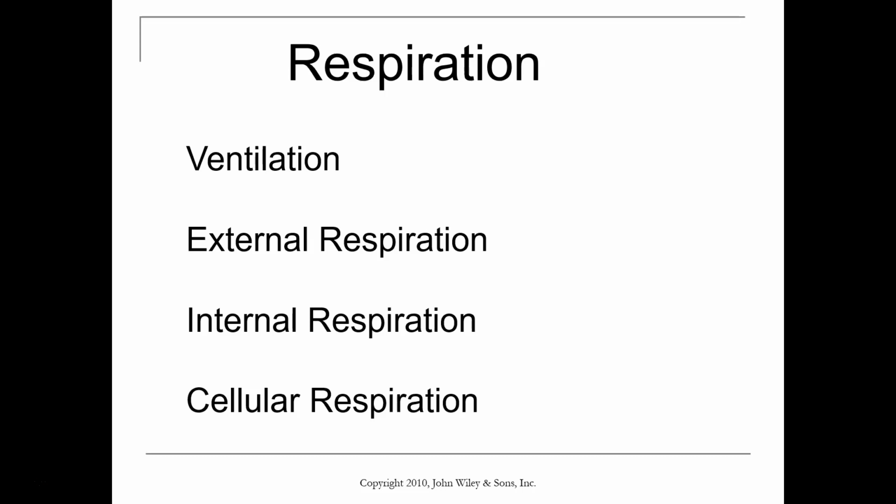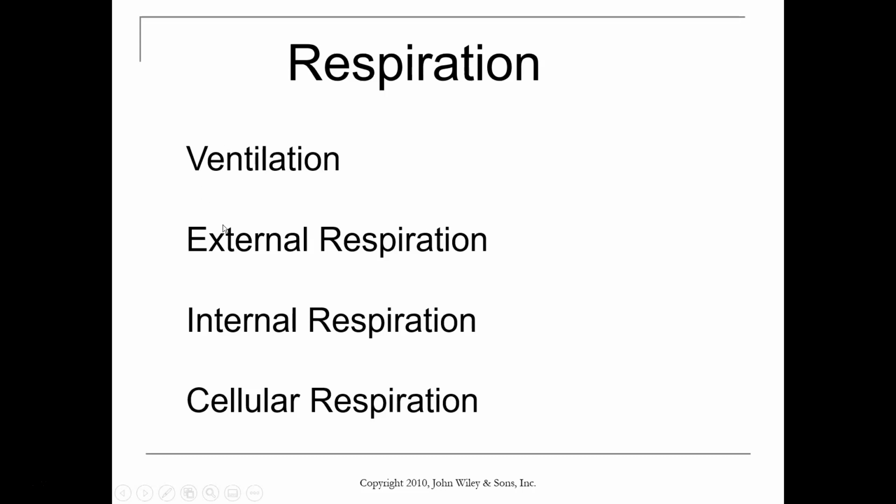We need oxygen to completely oxidize nutrients like glucose or amino acids or fatty acids into carbon dioxide, water, and we do it to make ATP. That's cellular respiration. So you cover that in general biology. That's what's going on inside your cells. They need oxygen for it. So really, respiration is all about bringing oxygen to your cells.